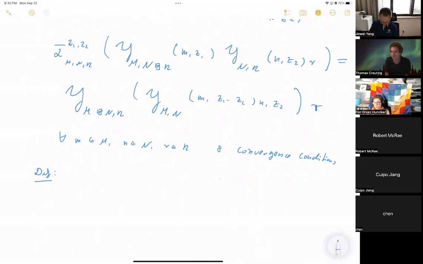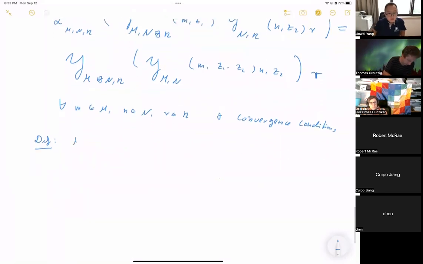That's what the physicists call it. And the associativity follows if these correlation functions are nice enough, and that is ensured if they satisfy nice enough differential equations. That you have such differential equations is ensured by finiteness conditions on modules. So it turns out that to have this associator, finiteness conditions are so important.